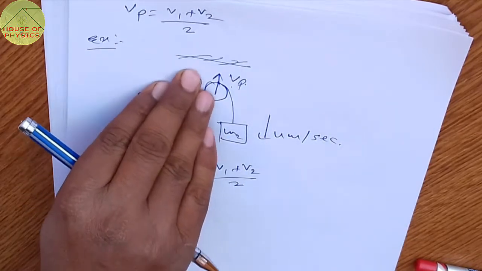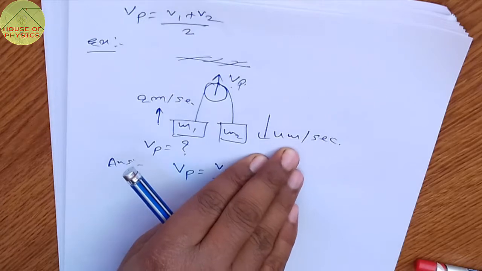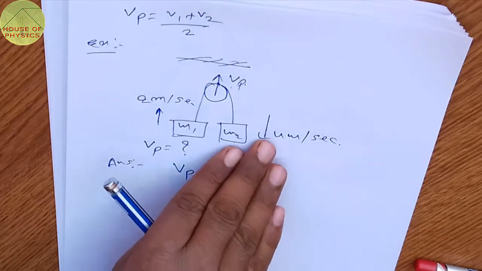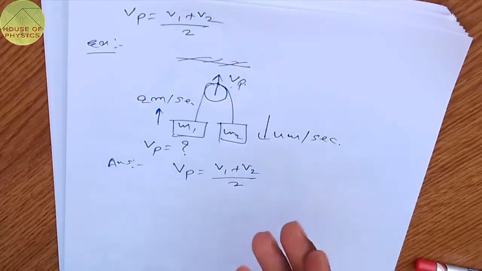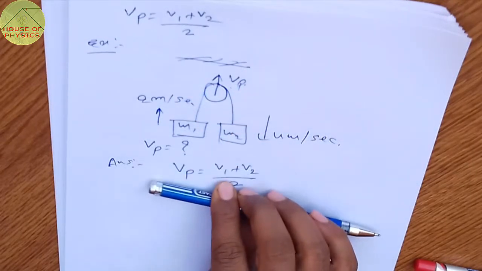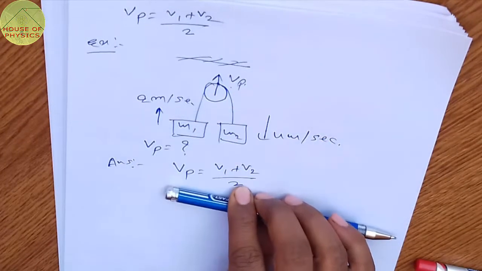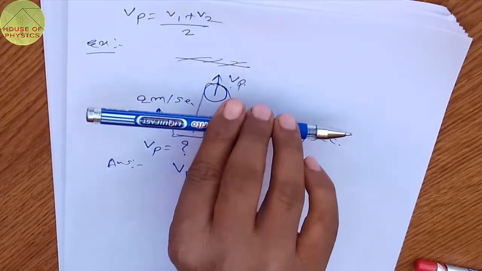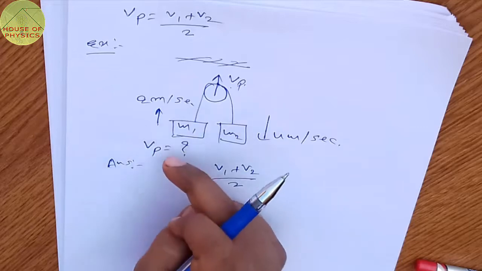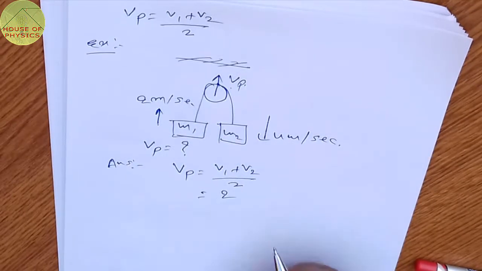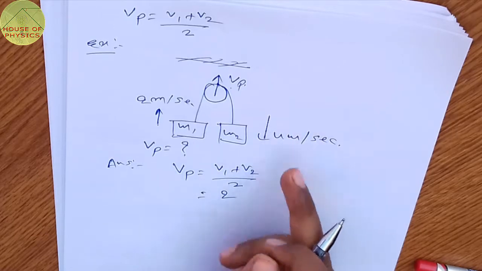Since this block is moving in the upward direction and this block is moving in the downward direction, one direction has to be taken positive and the corresponding opposite direction negative. This is all about how we choose. If we take upward as positive, then downward will be negative. If I take downward as positive, then upward will be negative. In this question, I am taking upward movement as positive. So this 2 will be plus and this V2 will be minus, because it is downward.